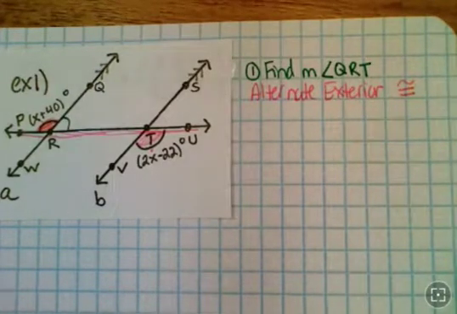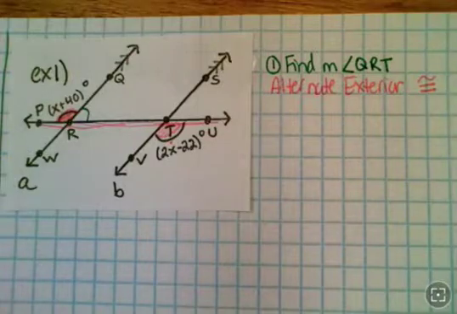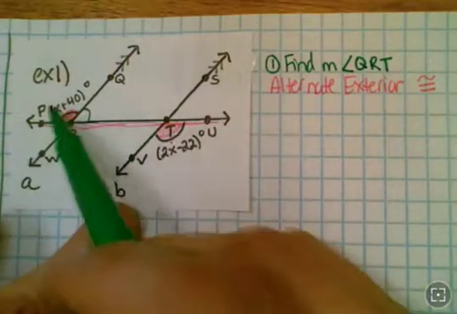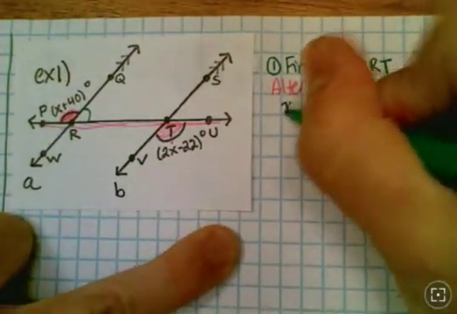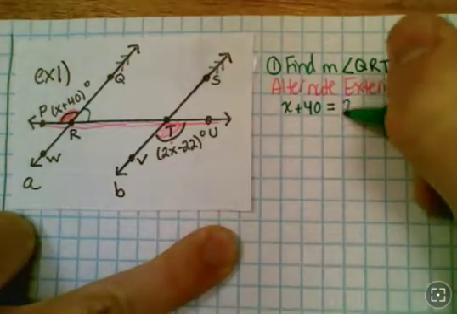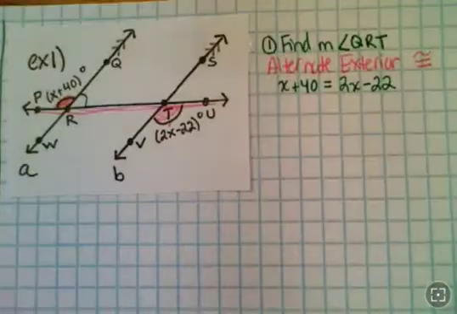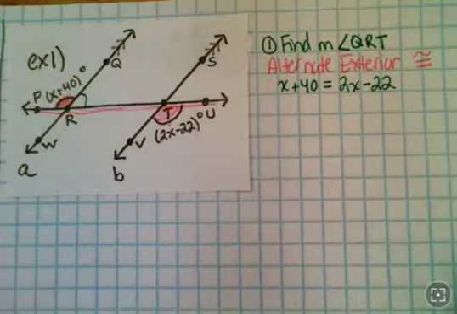And so we can set up an equation with these two pink angles that I have. Alternate exterior angles are congruent, which means x plus 40 has to equal my other angle, which is 2x minus 22. And I'm going to stop talking for a minute and solve this equation, and I'd like you to do the same.